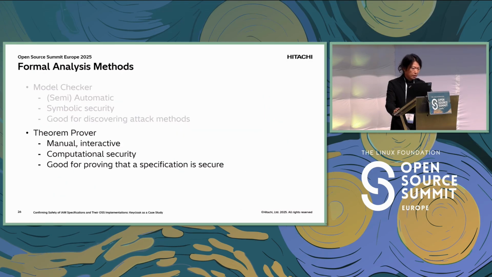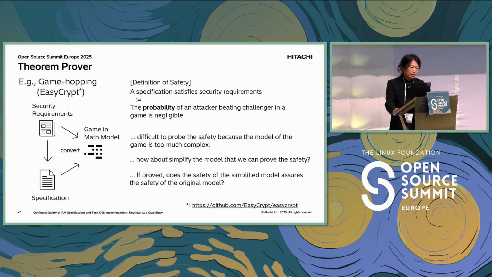Regarding the theorem prover, we can use it manually or interactively, and it's good for proving that the specification is secure. The game hopping method is one such theorem prover method, and EasyCrypt is one implementation of the game hopping method.